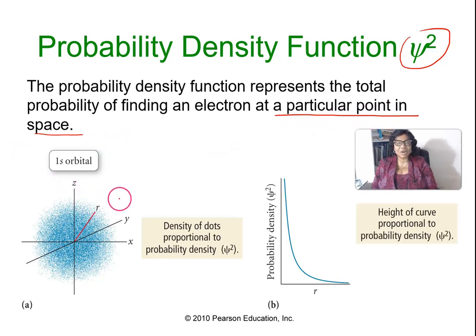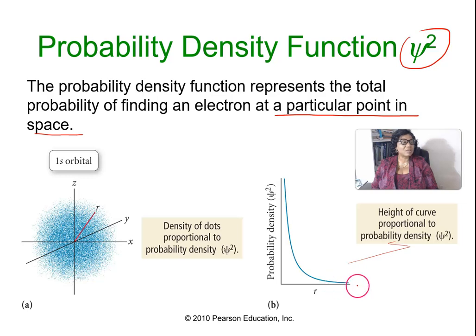So for s orbitals, when you calculate the probability density, s orbitals are spherical. See them? It's spherical. And if we want to put it in the form of psi function, it looks like this. It means as the radius increases, the probability density decreases.